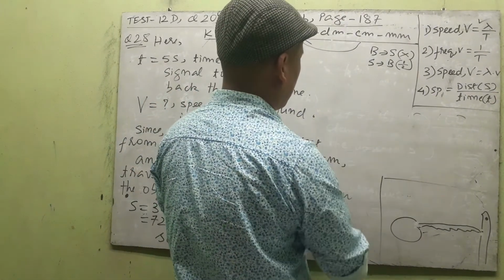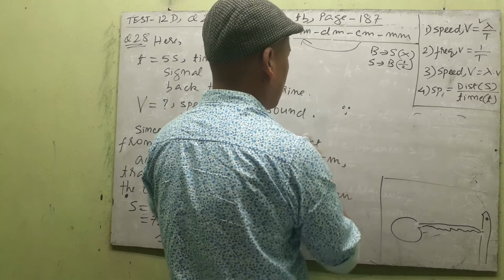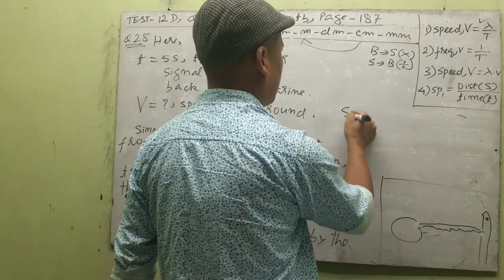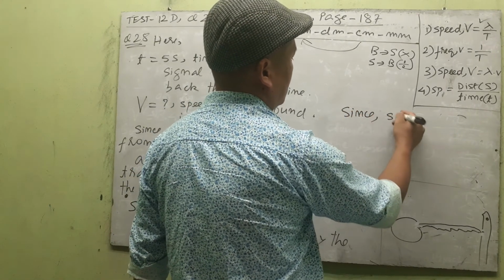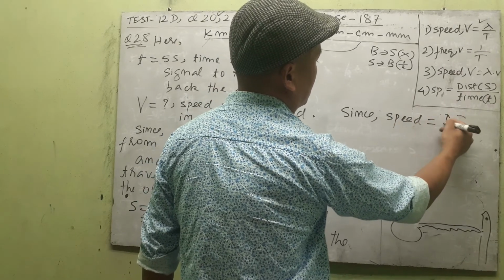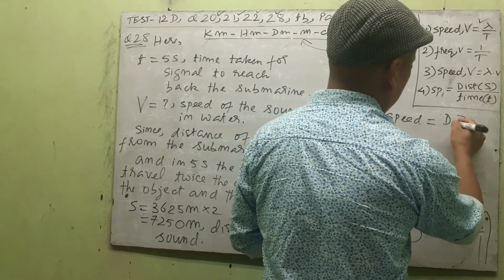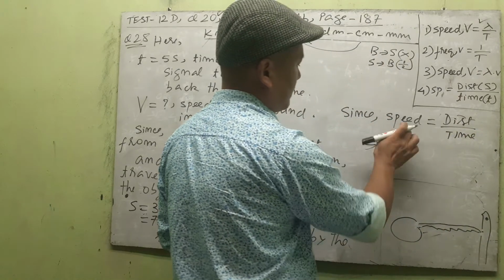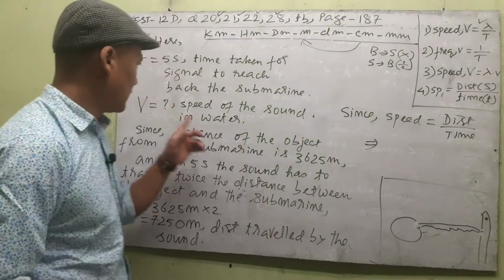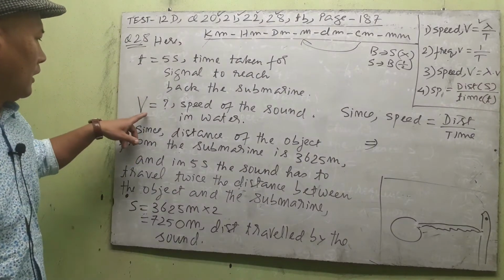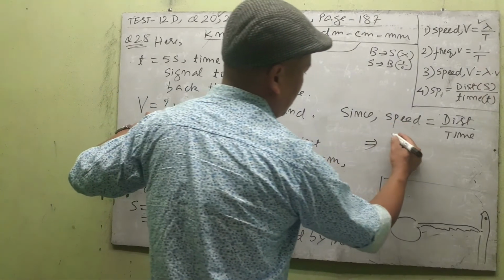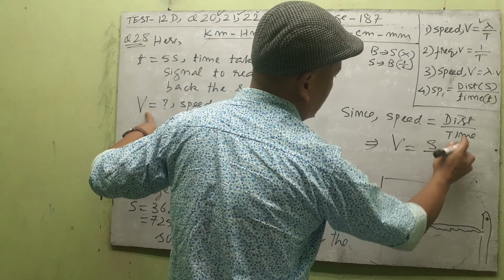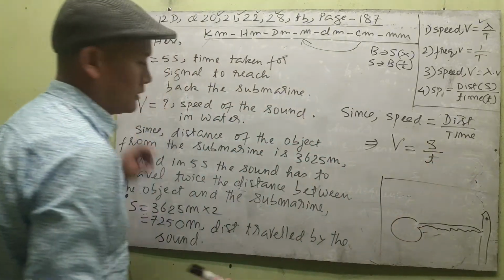Now we know here the speed formula. Write it like this also if you want. Since we know the basic formula, speed is distance divided by time. So we can replace by the denotation we're using in our numerical here. Speed, we're using V, so V is equal to distance, we're using S, time we're using as T, as you can see.